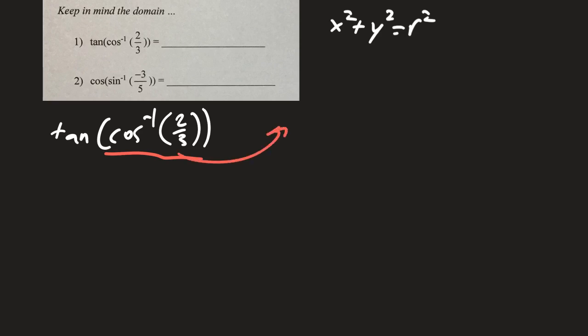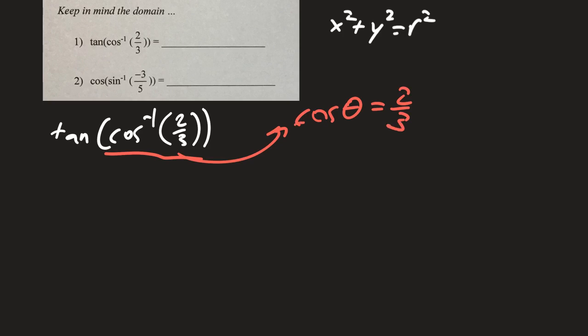Okay, so we could pretend like this first problem says tangent of cosine inverse of 2/3. And what that's telling me is that I have a situation where the cosine of this angle is going to equal 2 over 3.